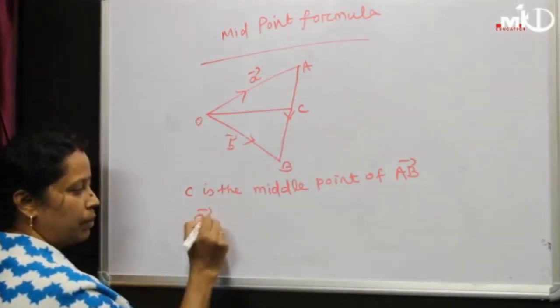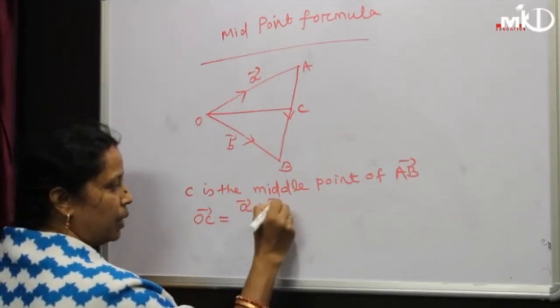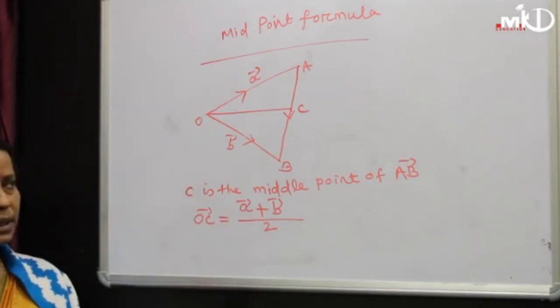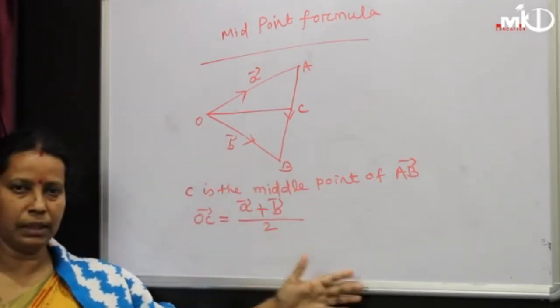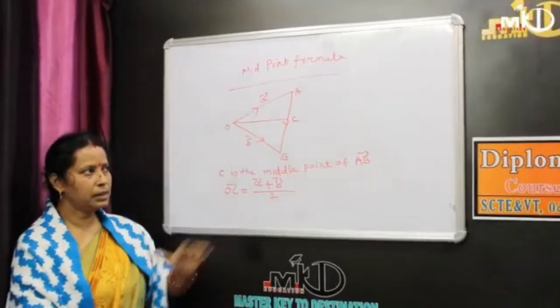OC bar is equal to A bar plus B bar by 2. So this is our division formula: internal division, external division and midpoint formula. This is our theory.